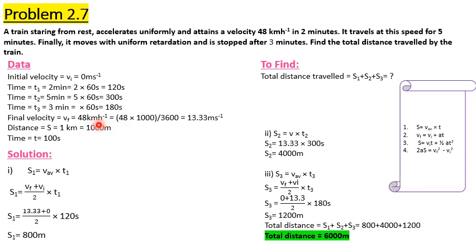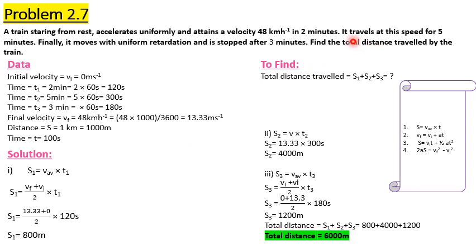It is not in SI unit, so we have to convert it into meter per second, and after conversion we got final velocity 13.33. So by putting the values in it and solving it, we will get S1 is equal to 800 meters.